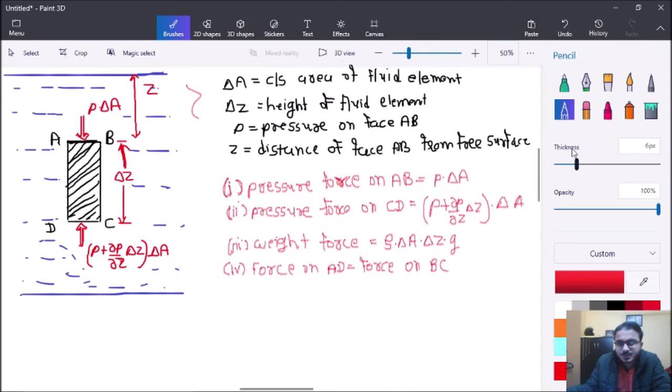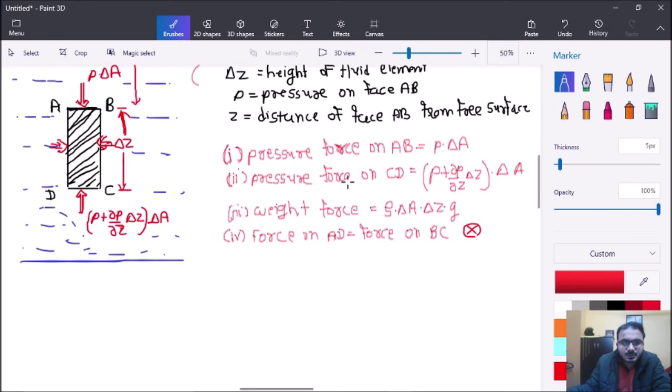Because if you see here, these pressure forces will be equal and opposite in direction. So they will eliminate each other, so this will not be counted any further. Now let's resolve these forces.